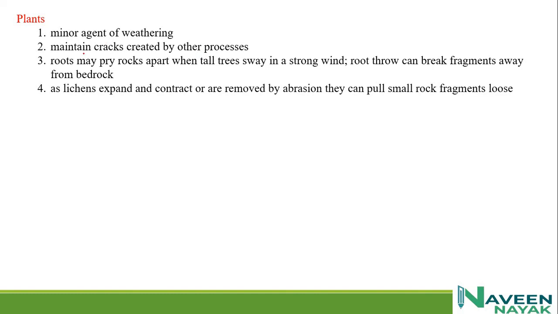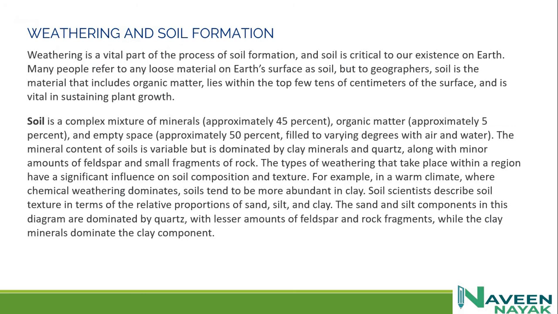Plants, as micro agents of weathering, maintain cracks created by other processes. Roots may pry rocks apart when tall trees sway in the strong wind. Root throw can break fragments away from bedrock.